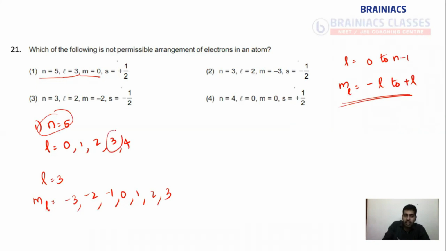Here we have taken l equal to 3, and ml is given as 0. So this is right. If n is equal to 5, l can have value 3 and ml can have value 0, and s can have plus or minus half.